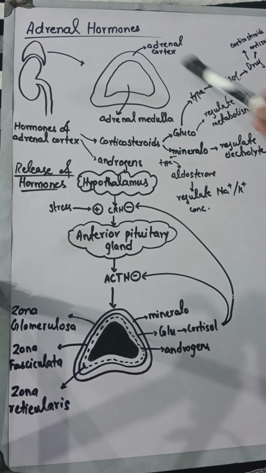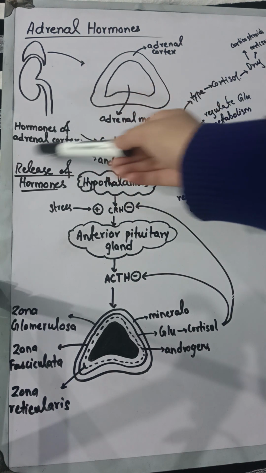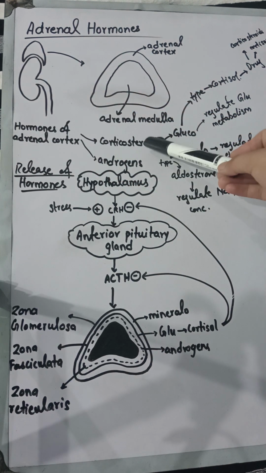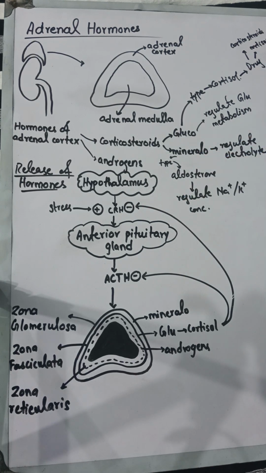Now mainly all of the steroidal hormones are produced by your adrenal cortex, the outer layer of your adrenal gland. Here are the hormones of the adrenal cortex. It mainly produces two hormones: corticosteroids and androgens. Corticosteroids are again divided into two types: glucocorticoids and mineralocorticoids.